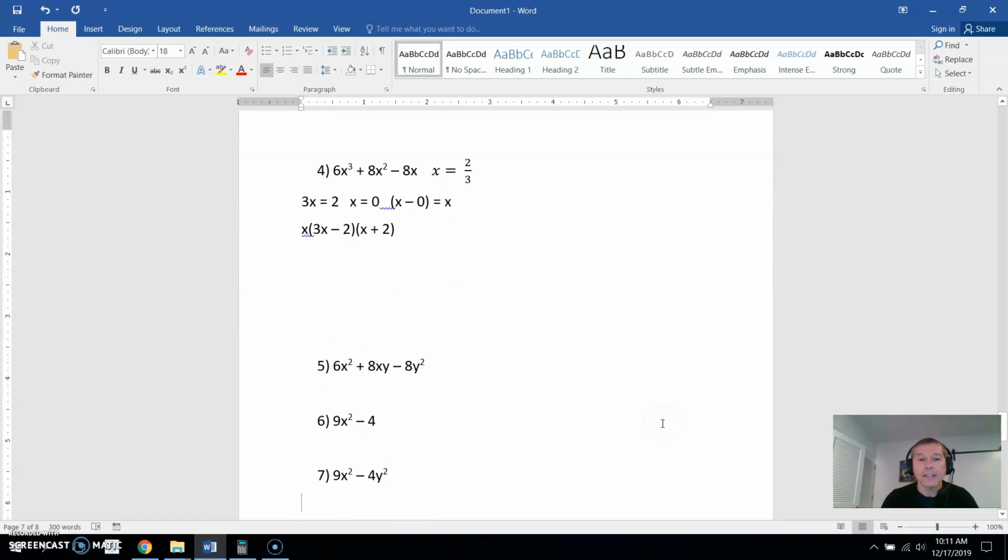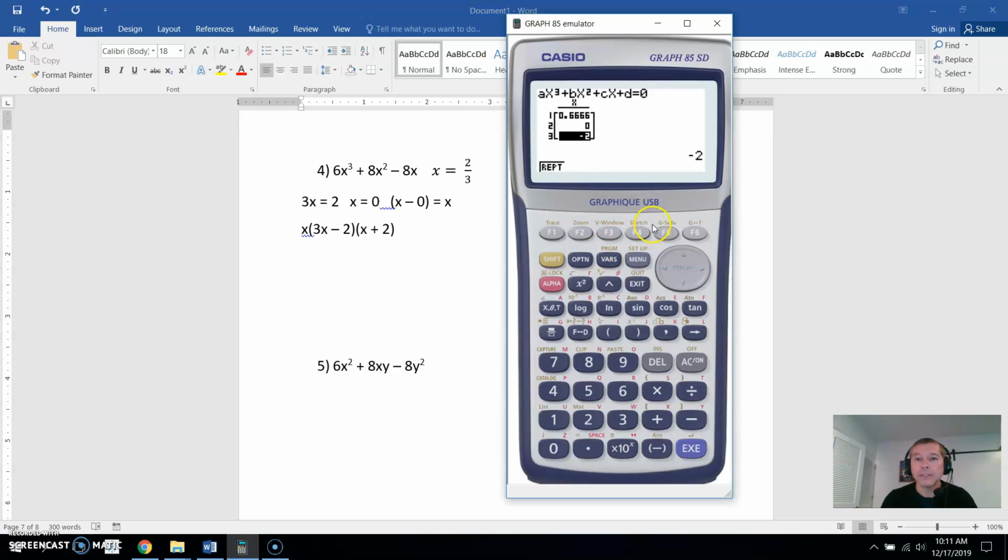And this one has y's in it. I'll show you the way that works. We can't put in y's and that sort of thing. So let me exit out of this so I can get back to a second degree equation. And I'll put in my coefficients of 6, 8, and -8, and solve it. And I get these factors. Again, I get 2/3.